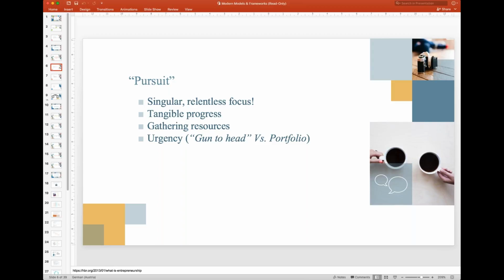Because it's very intuitive, and many of us, I assume, know this, but there is a huge gap between having an idea and having a startup, or having an idea and seeing a project come into fruition. And I chose to focus on singular and relentless focus.